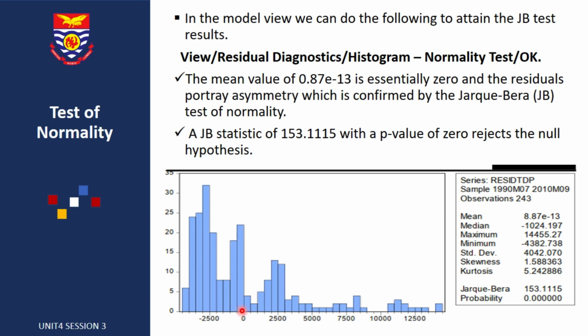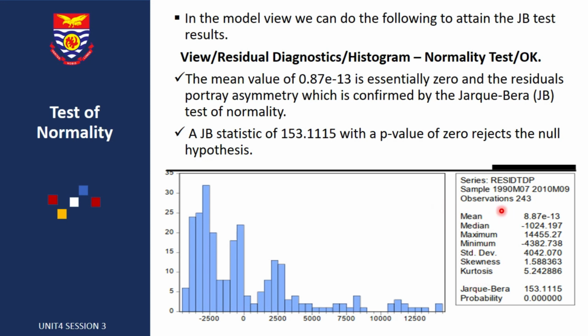We can also use the EViews application, like in computing the original normality, where we go to View, and under View we choose Residual Diagnostics and then Histogram, and with that we can choose the normality test in addition. So in as much as the application will present us with the histogram, it will also come along with a series of normality tests, especially the Jarque-Bera test, and also the skewness and the kurtosis of the error term.